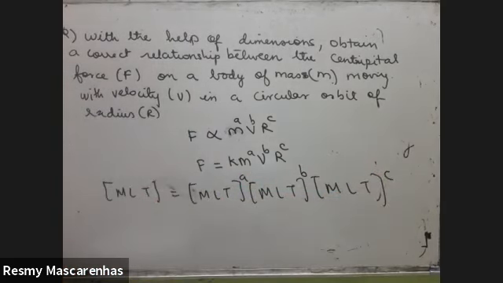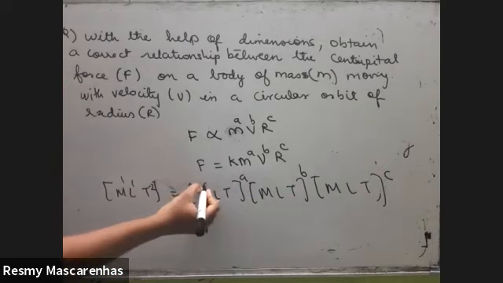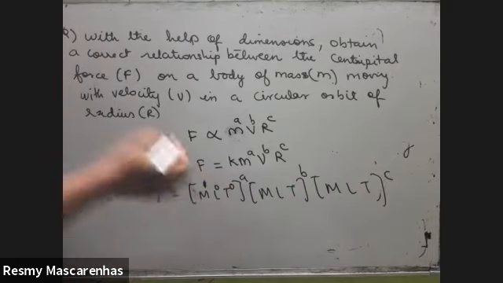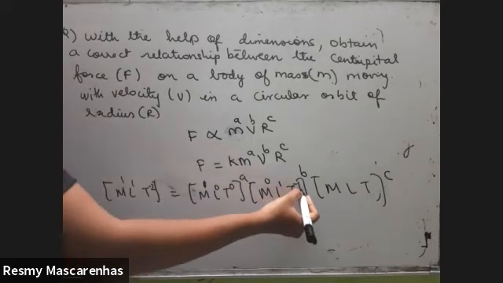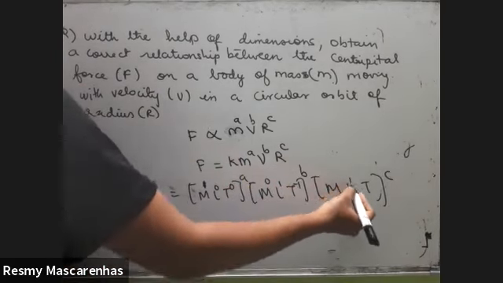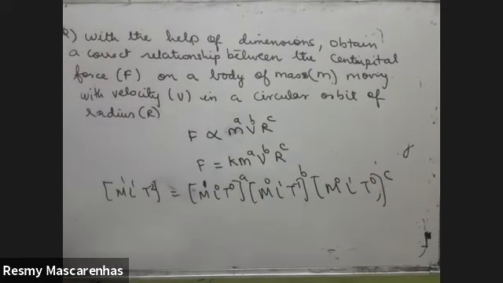Force would be M1 L1 T minus 2, mass will be 1, V 0, 1 minus 1, R is length, and now you solve. Anyone, if you have got the answer, you can tell.